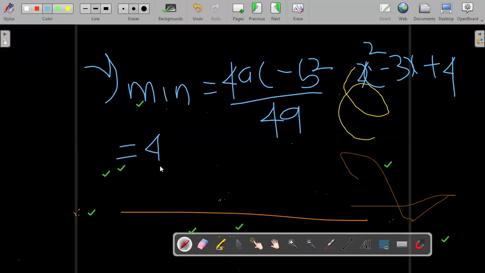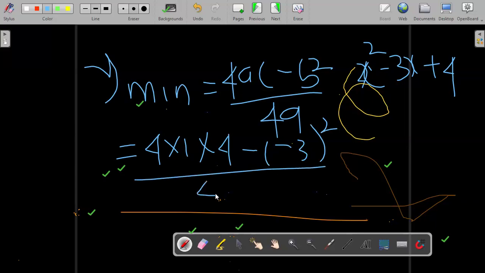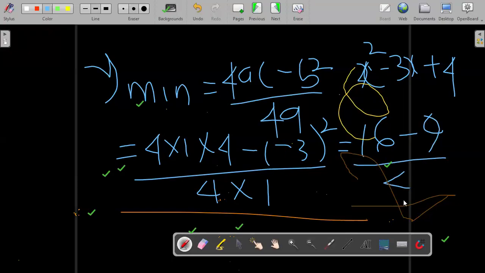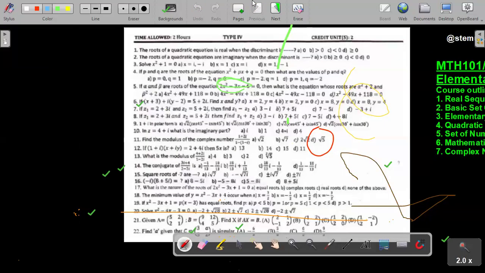So I'm having 4 times 1 times 4 minus 3 squared over 4 times 1, which is 16 minus 9 over 4. That should give us 7 over 4. So our answer is 7 divided by 4.